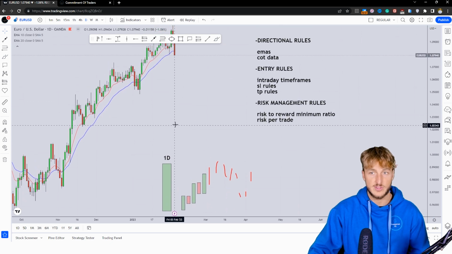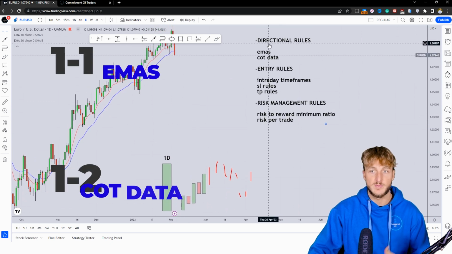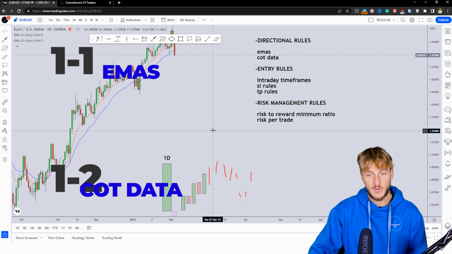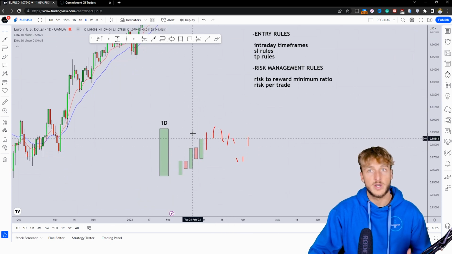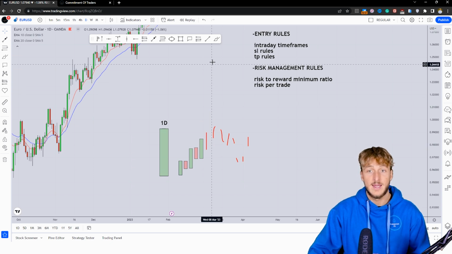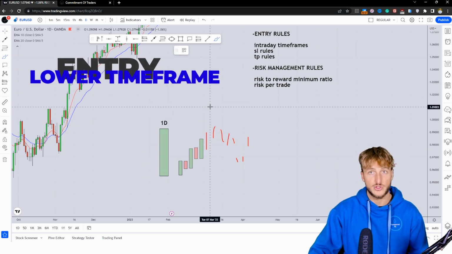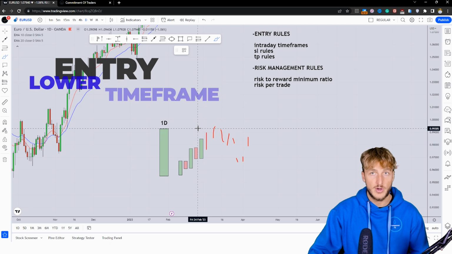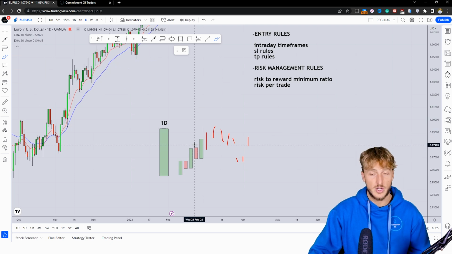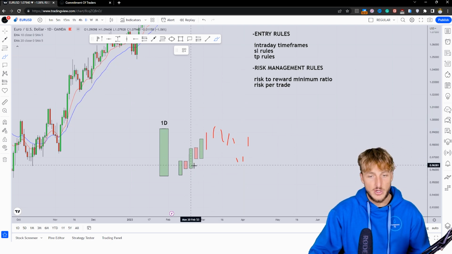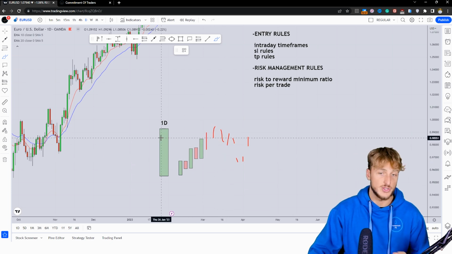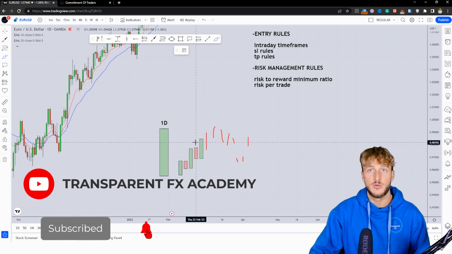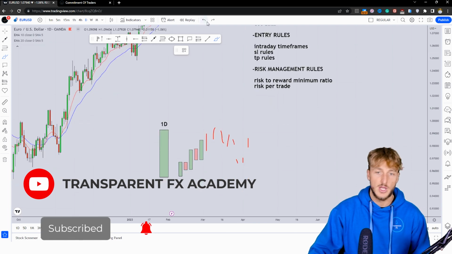And for the specific strategy, we know the directional rules by looking at the EMAs and the COT data, right? However, when it then comes to the lower time frames, like for example the 1 hour or also the 4 hour time frame, there you will have a lot of structure that can be used to actually time your entry and use proper stop losses and take profits depending on the structure that you can see only on the lower time frames, because on the higher time frames you will not be able to see all that structure.